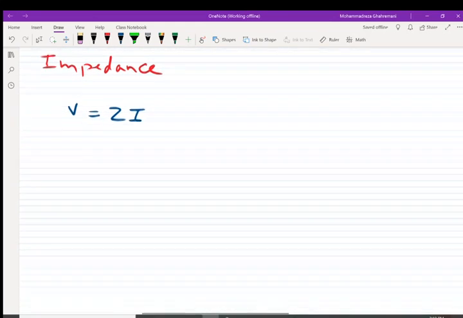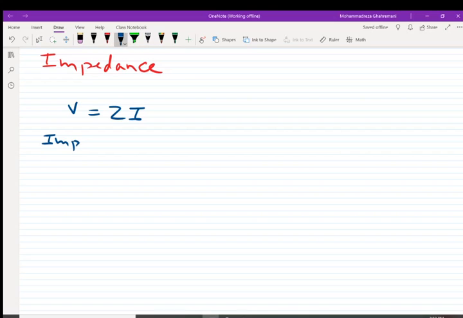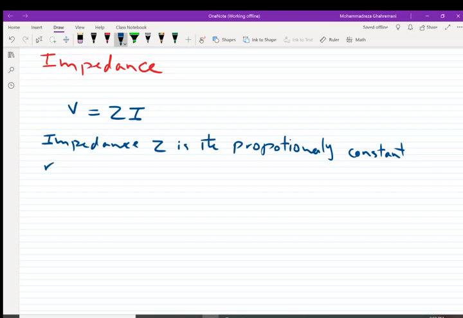So we can say impedance Z is the proportionality constant relating phasor voltage and phasor current.